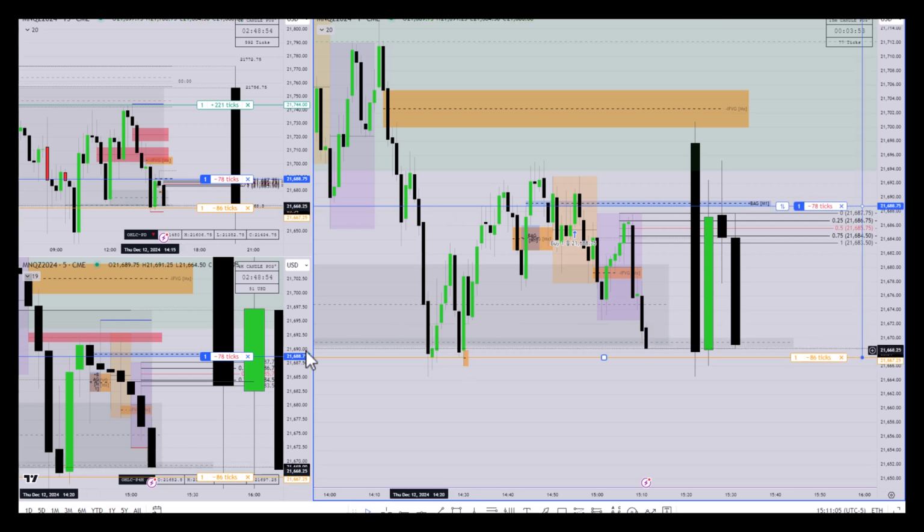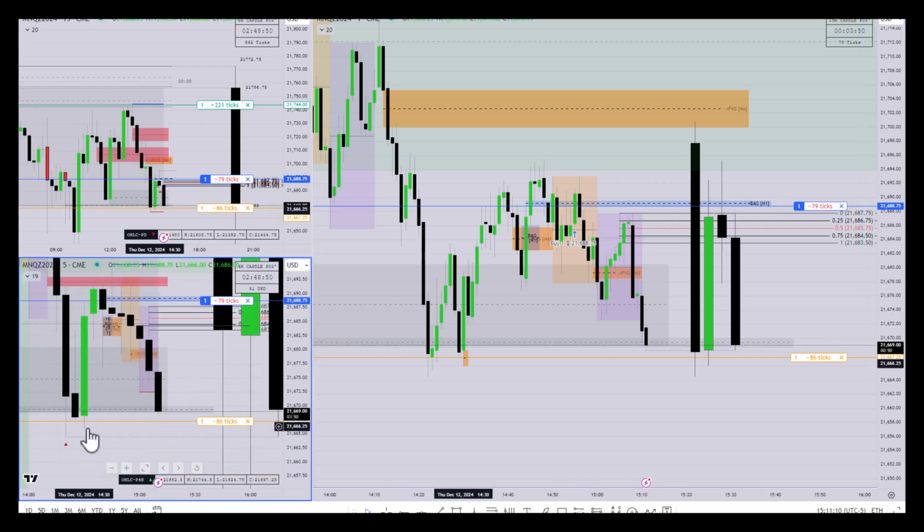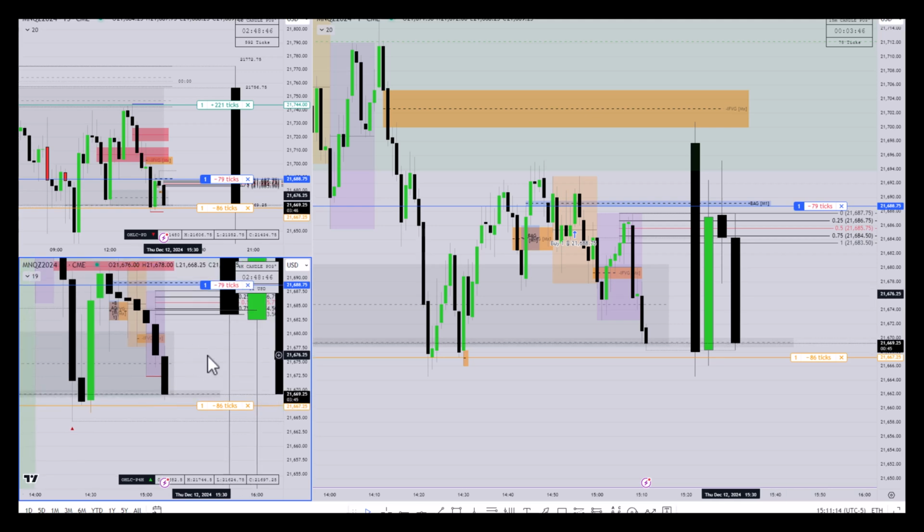But it's only a 1 minute chart, so it's not that good of a zone. This is low resistance. Doink.